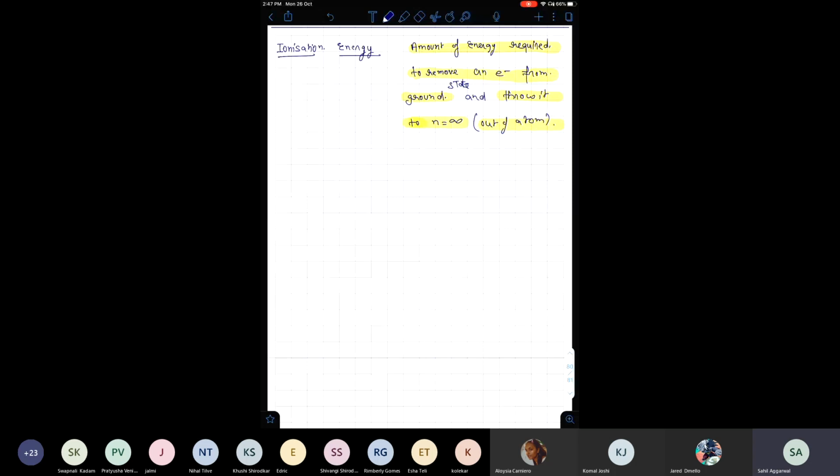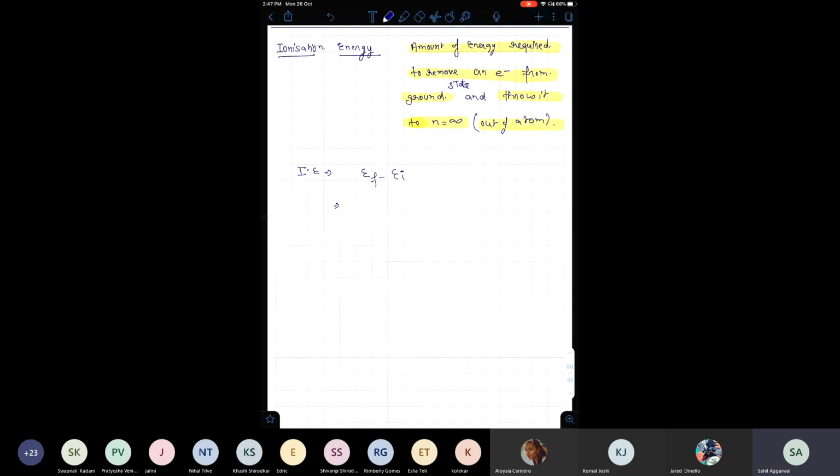So can we say ionization energy will be E final minus E initial? E final will be how much?